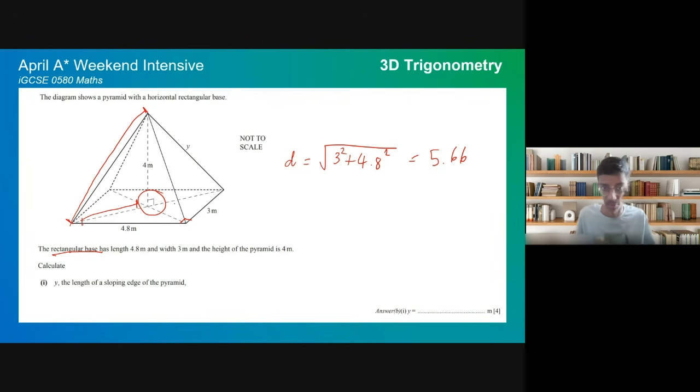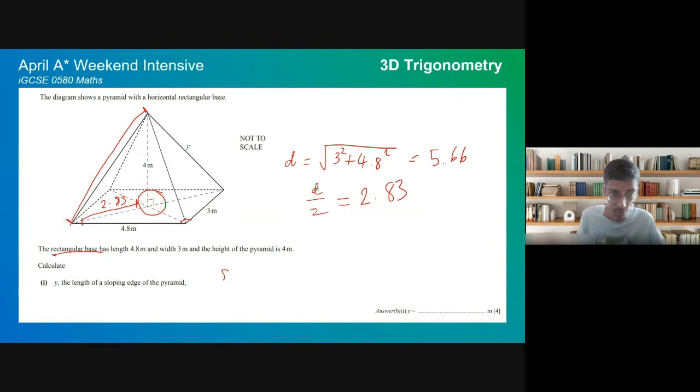So to find the length of this base, we'd have to divide this by 2. So d over 2 is equal to 5.66 divided by 2, which is 2.83. So now we have this length as 2.83. And now we can use Pythagoras' theorem on the main slope.